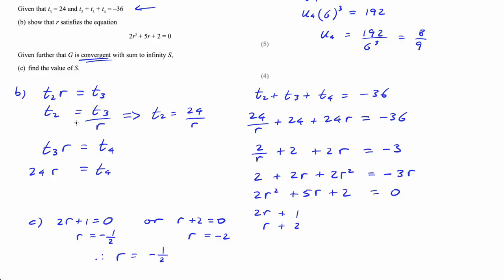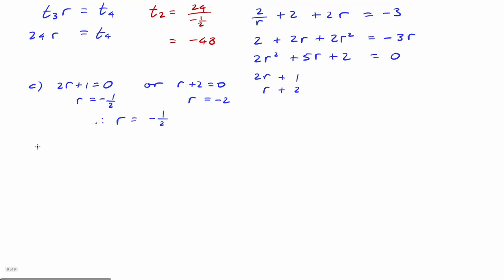T2 is 24 over R, so T2 is 24 divided by negative a half, which is negative 48. And then I can find T1. T1 is negative 48 divided by negative a half, which is 96.